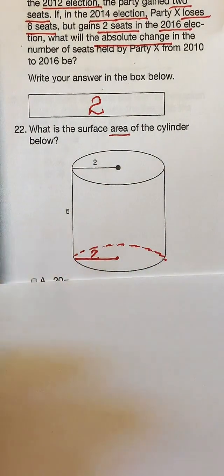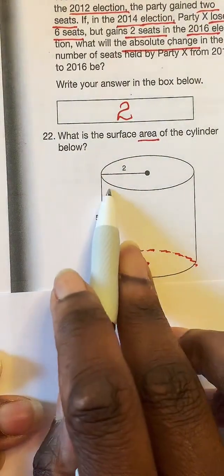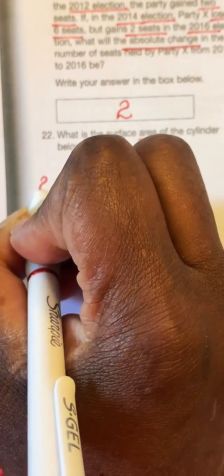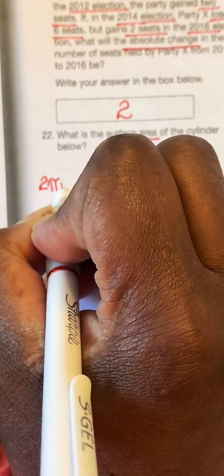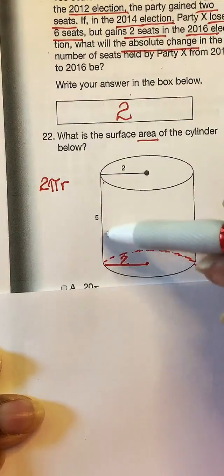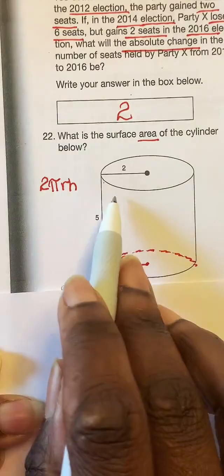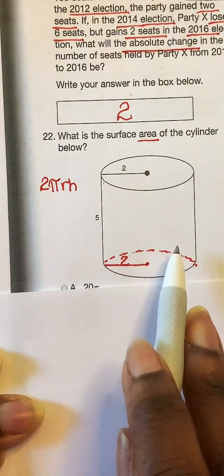So the best way to do this is by using our formula. To represent the wrapping of the can, we're going to be looking at the circumference, which is 2 pi r, but then they're also incorporating the height. So that's going to represent our wrapping of our can.